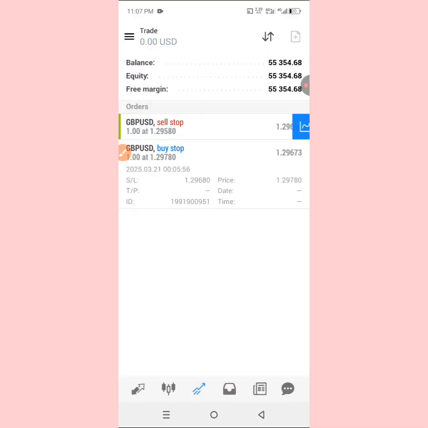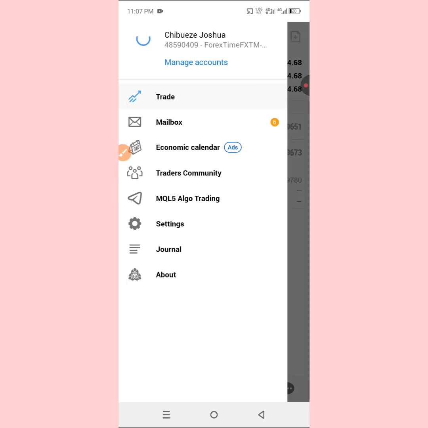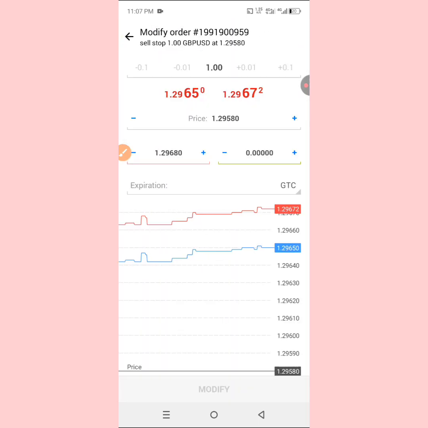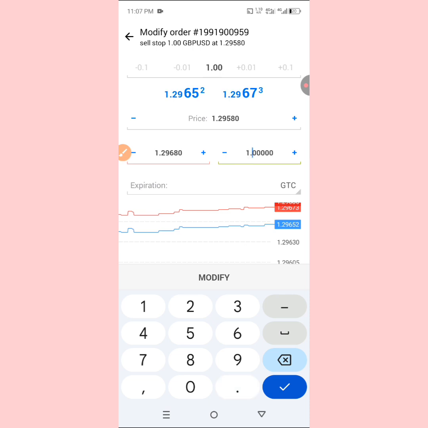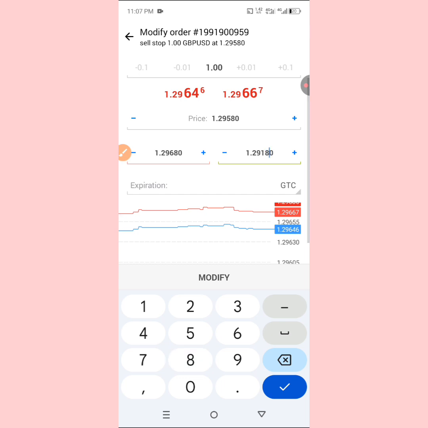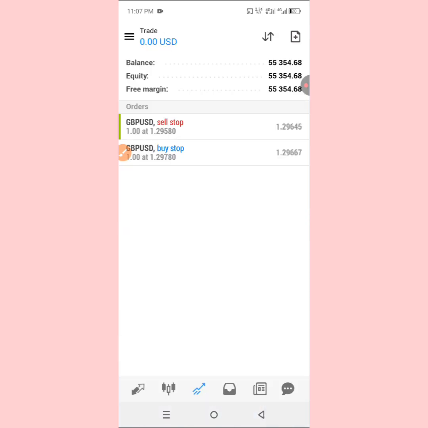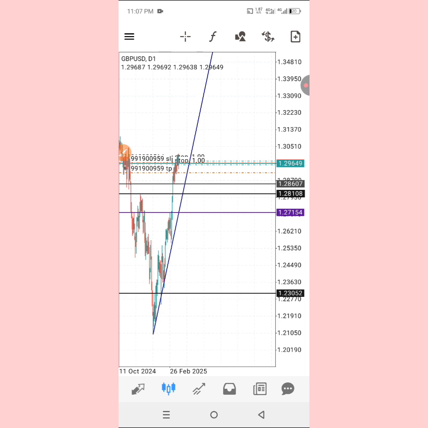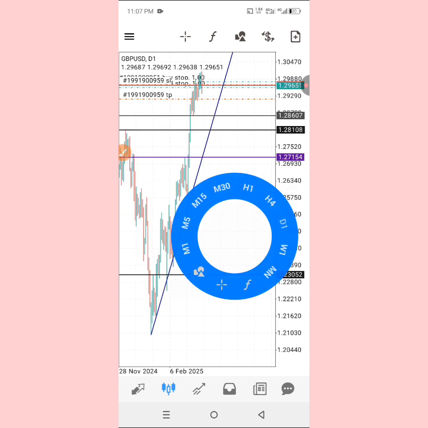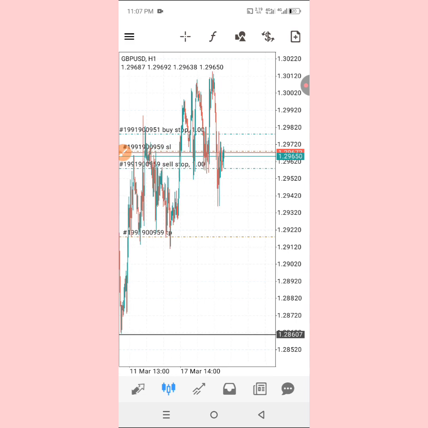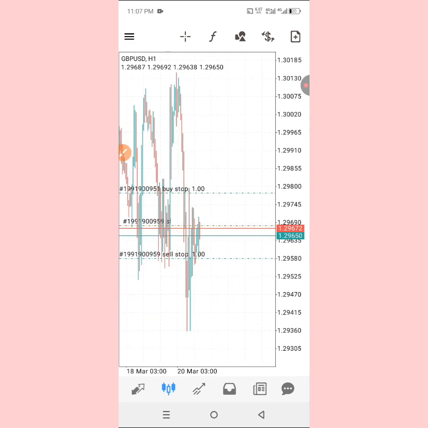So I modify the order with 1.2918 as the take profit and click on modify. As you can see right here, I'm going for 1:4. This is my TP.